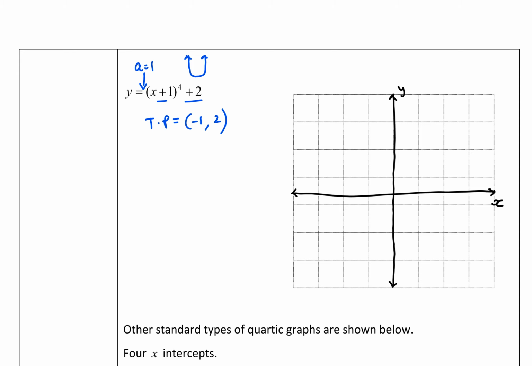So we've always got to do the opposite of the sign we see inside the brackets. So if I go -1, so 1 to the left and up 2, so there's (-1, 2), and I think that this is a positive parabola, I can already tell that there will be no x-intercepts. So I can go right ahead and sketch the shape.